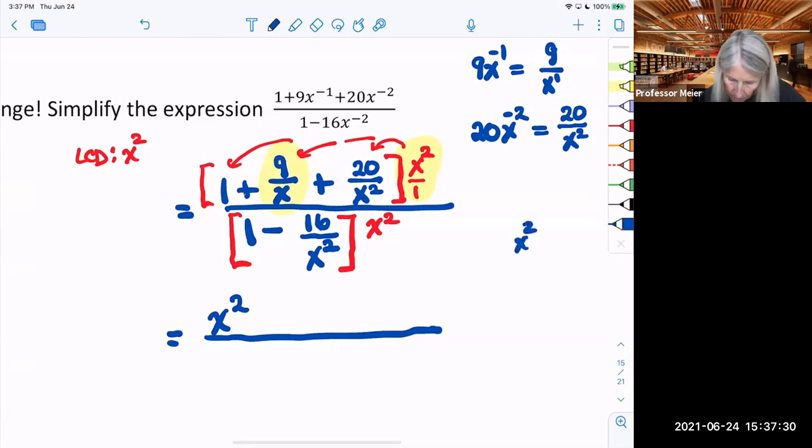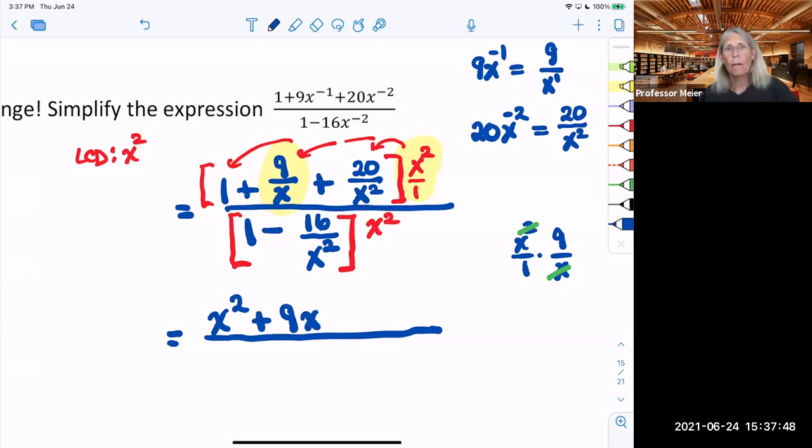If you take x squared over 1 and multiply by 9 over x, we cancel an x on each of those, and you're left with 9x. So plus 9x. And then 20 over x squared times x squared, those x squareds just cancel, and you're just left with 20.